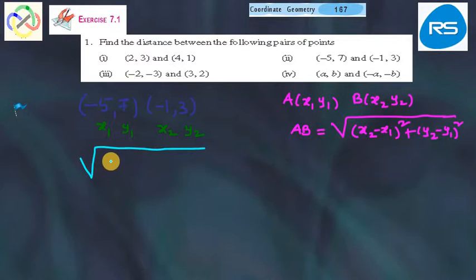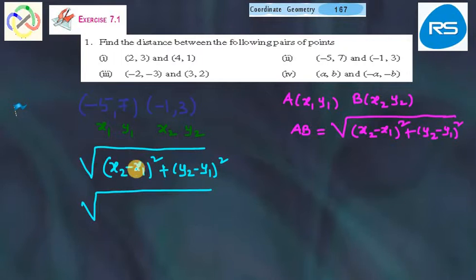What is the formula? x2 minus x1 whole square plus y2 minus y1 whole square. Each and every value is substituted in this formula. x2 is minus 1, so minus 1 minus x1, and x1 is negative, so minus 5.